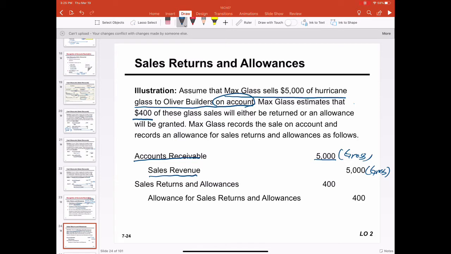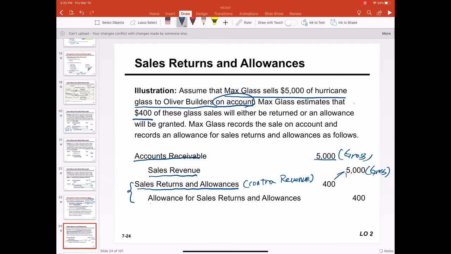So Max is going to first recognize sales return and allowance, which is a control account of sales revenue. So it's contra revenue, which will decrease the revenue.